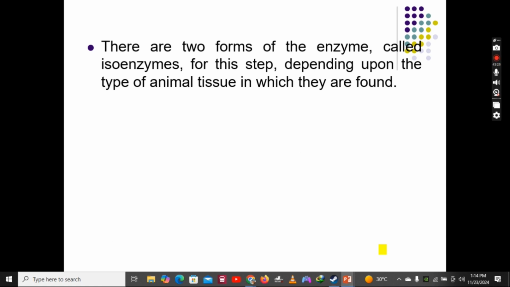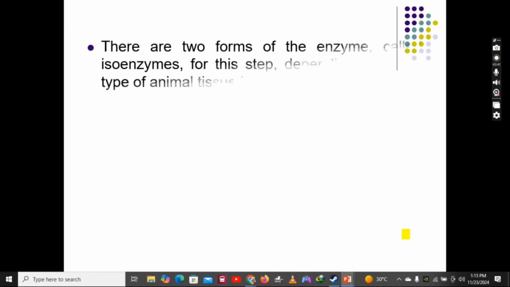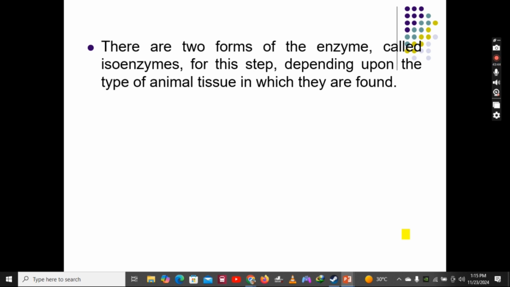When you look at the GTP and the ATP, there are two forms of the enzyme succinyl CoA synthase. So it has two isoforms. For this step to occur, it depends upon the type of tissue where these cells are.